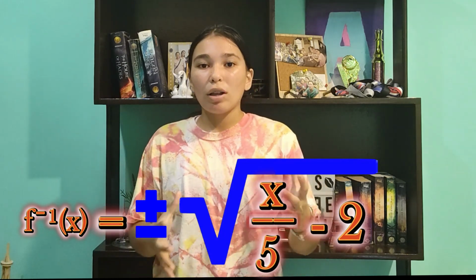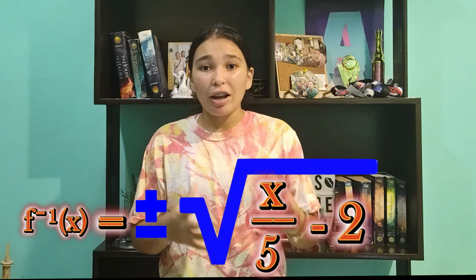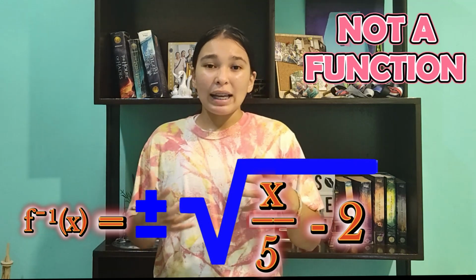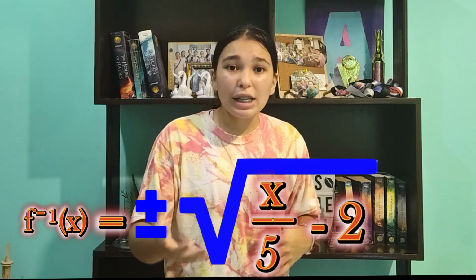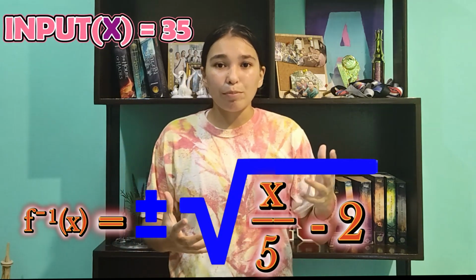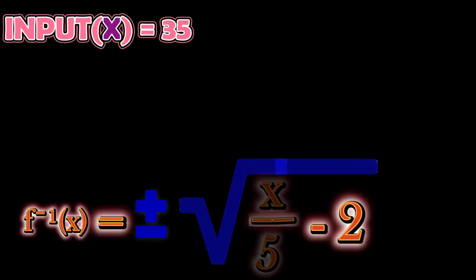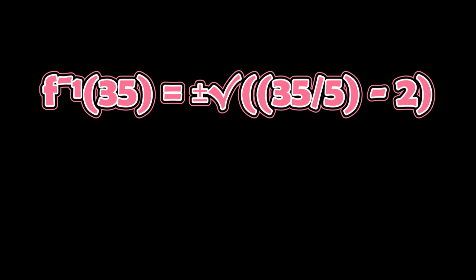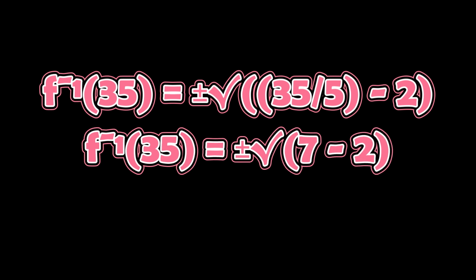So one thing that I want to point out is ang kani siya na final na equation, it's not a function. Why? Because if you put an input inside of it, you actually get two outputs. So let's try giving the function an input of 35. So f to the power of negative 1 of 35 equals the square root of 35 over 5 minus 2. So let's simplify that. The square root of 35 over 5 becomes 7, and we have the square root of 7 minus 2.